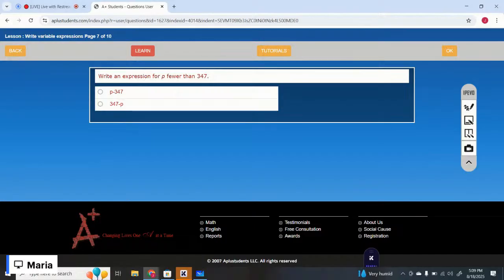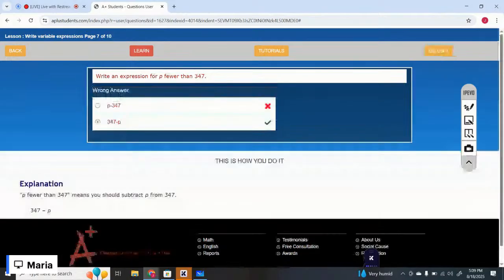Write an expression for p fewer than 347. That is p minus 347, option number 1.